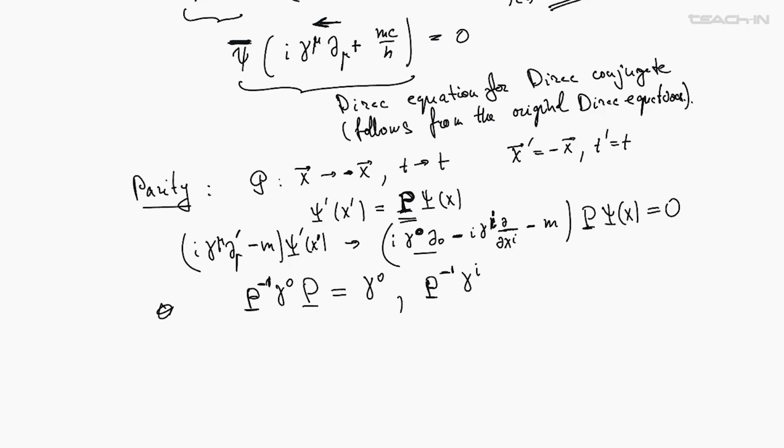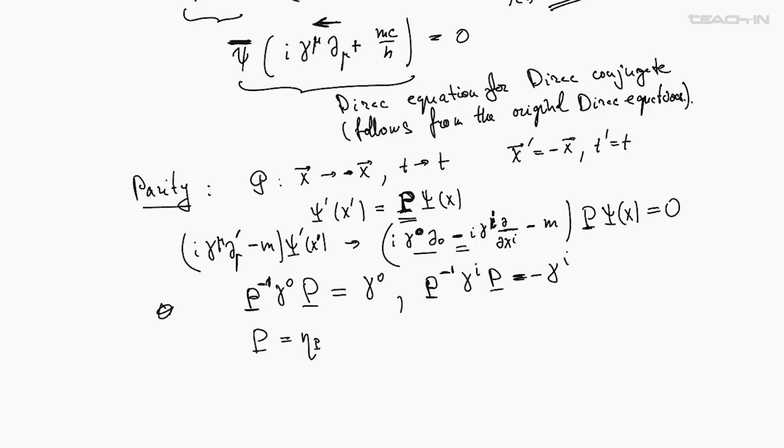So if I find the matrix P which satisfies this condition, then I will find how my spinor will be transforming under parity transformation. And you see actually that these equations can be elementary solved if you pick matrix P to be proportional to gamma 0, with some proportionality coefficient I denote by eta P, multiplying gamma 0.